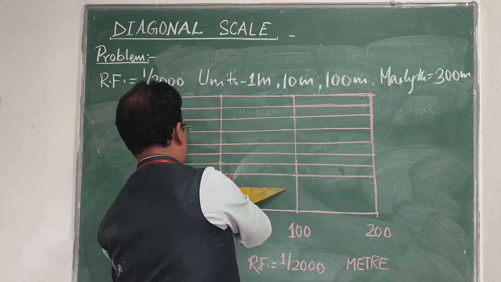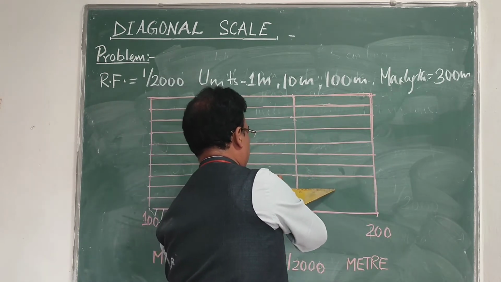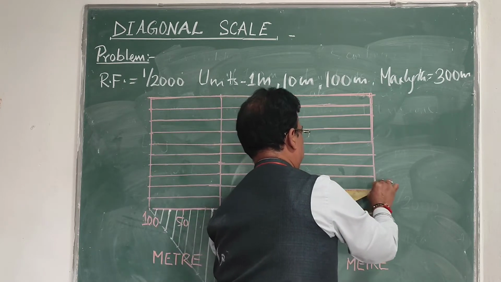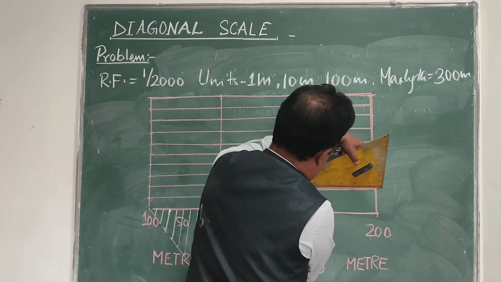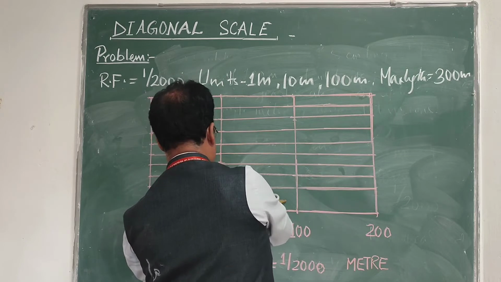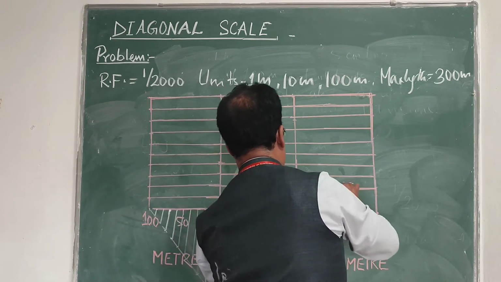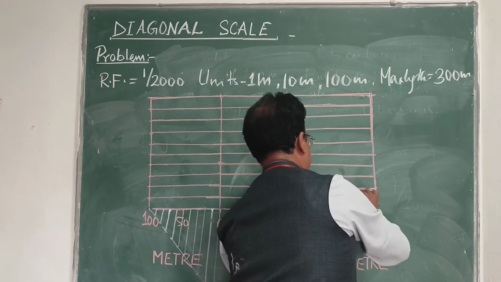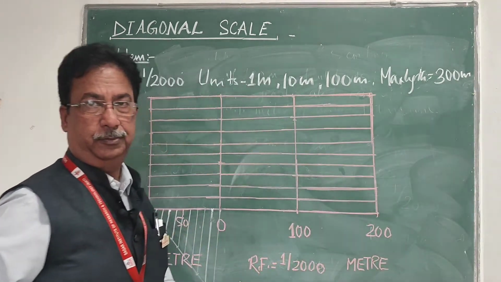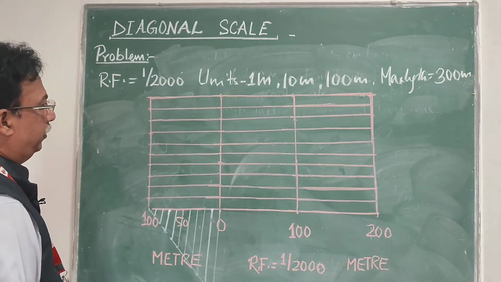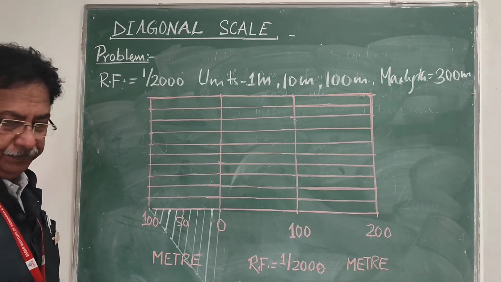So what I am doing, from all those points I have marked in the extreme left, I am drawing all horizontal 10 lines. So these will be parallel and thin lines inside the figure, but they must be visible lines. So I have just drawn all these 10 lines.